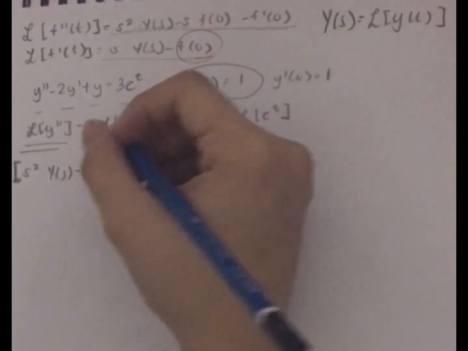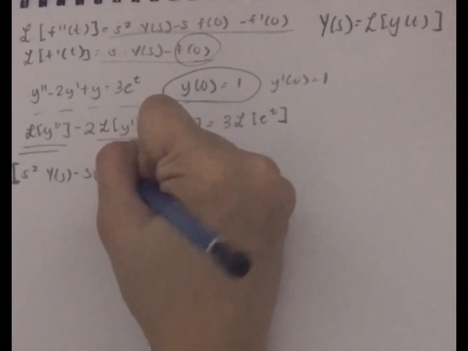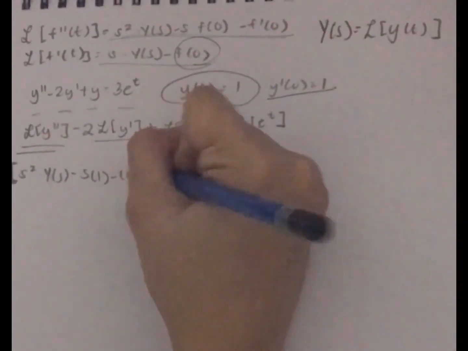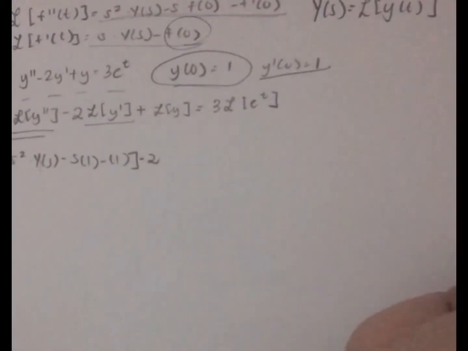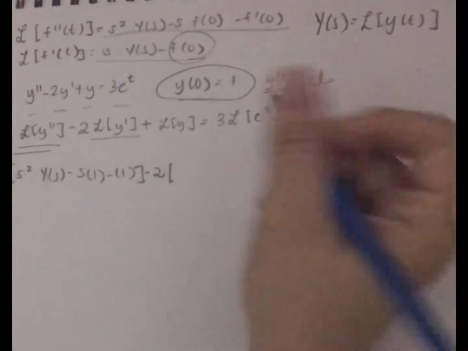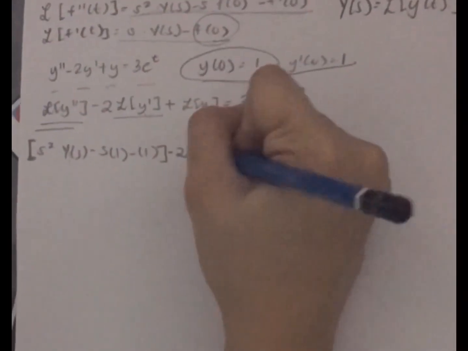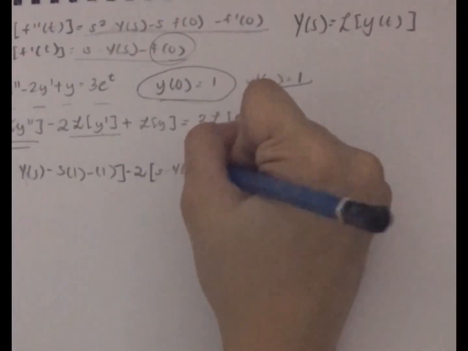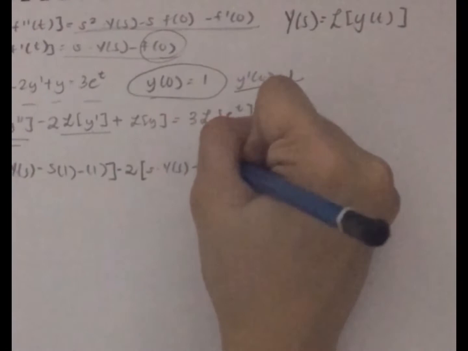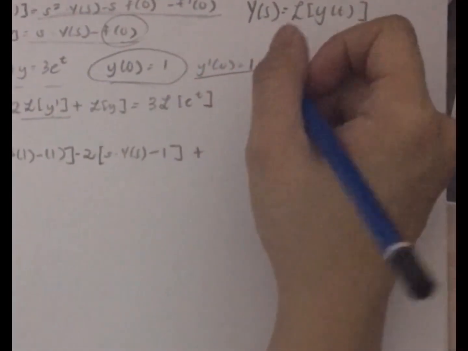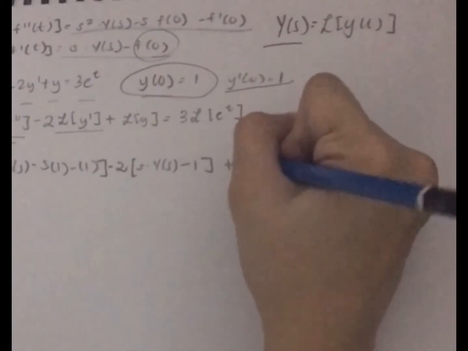Let's just substitute it right away. Minus 1 here, the y prime, the f prime. Okay. Minus 2, 2 will be our multiplier here. So 2 times y prime is equals to s times y of s minus 1. Then the Laplace transform of y is equals to y of s itself.